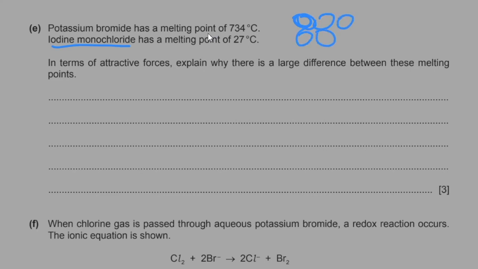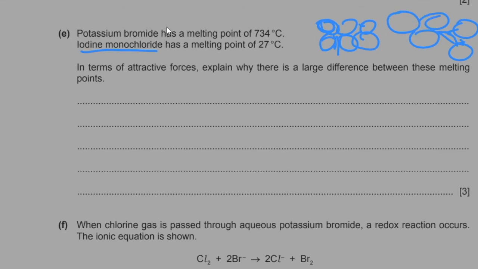Now, to separate these molecules to form liquid, there are forces between all of these molecules which need to be broken. When those forces are broken, the molecules are free to move past each other and form liquid. Because these forces between molecules are weak, not a lot of energy is required to break them, and so the melting point is low.